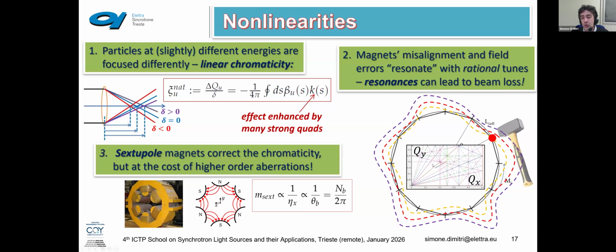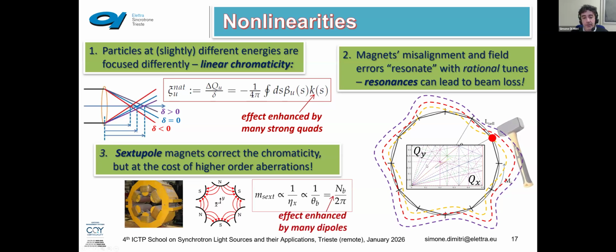We have to design our synchrotron in a way that our nominal betatron tunes sit on an empty region in this diagram. This way, in the presence of any arbitrarily strong perturbation, we should be safe enough from an amplification of the perturbation effect.